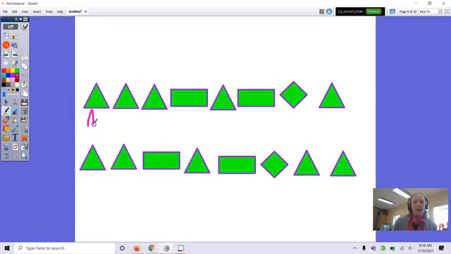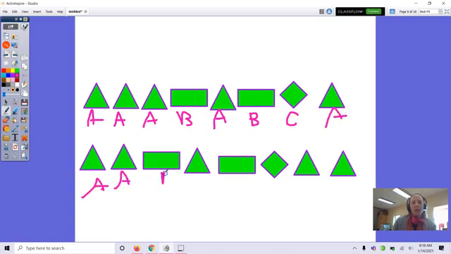I have the pattern A, B, A, B, C. A, B, A, B, C. A. So my pattern that is going to repeat itself over and over and over again is an A, B, C pattern.